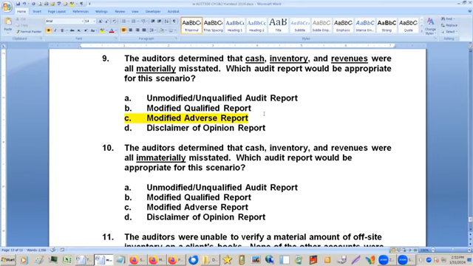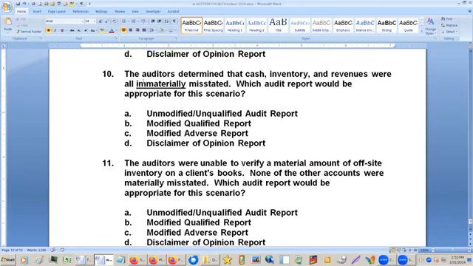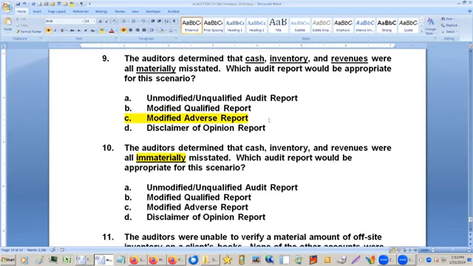All right, how about number 10? These are all immaterially misstated. Would that be B? Nope, probably not. They're immaterially misstated. So they're misstated, but not by a lot.